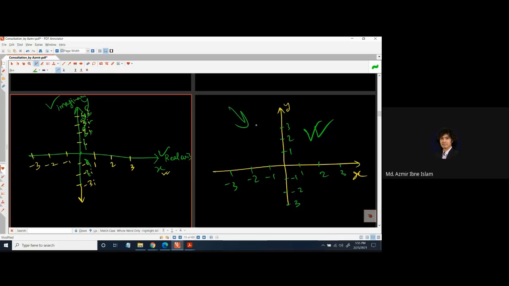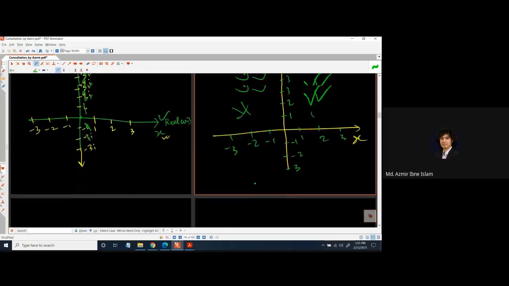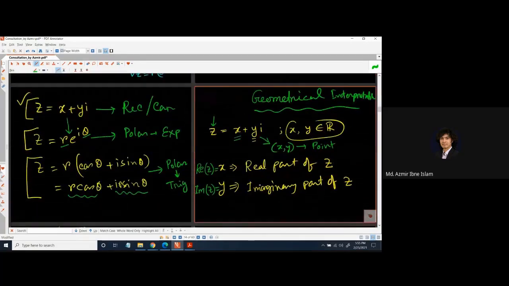So for simplicity, we will use this coordinate system. That means we will not write i; we'll just write the numbers on the y-axis. I hope you have understood this part. So whatever I have told you earlier, that z equal to x plus yi, this is the rectangular form of a complex number. It is nothing but a point. That means it is always representing a point.